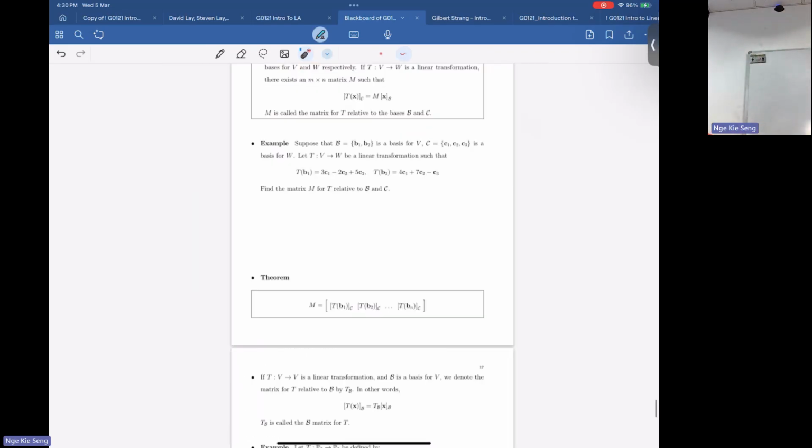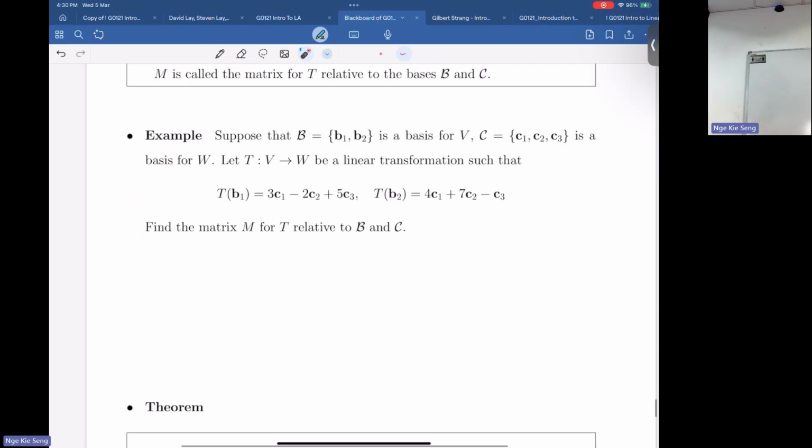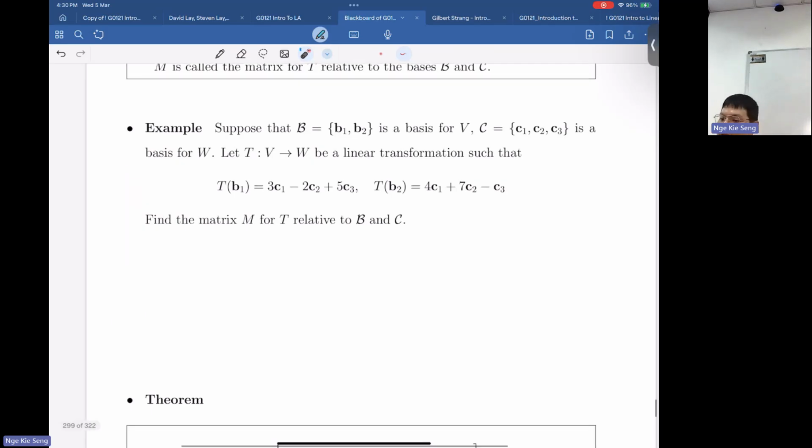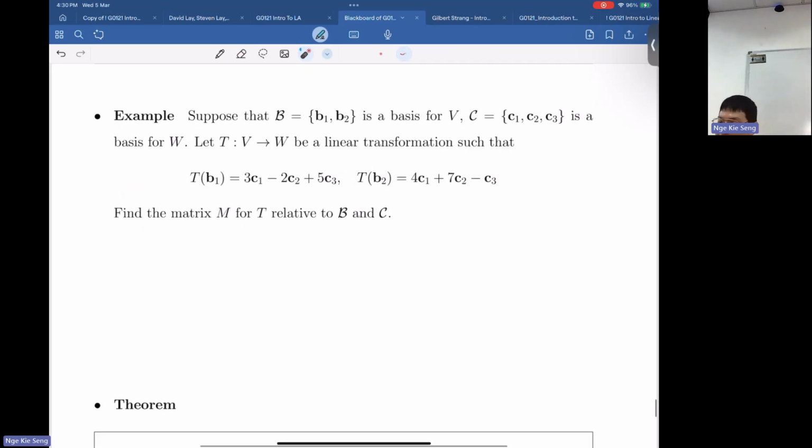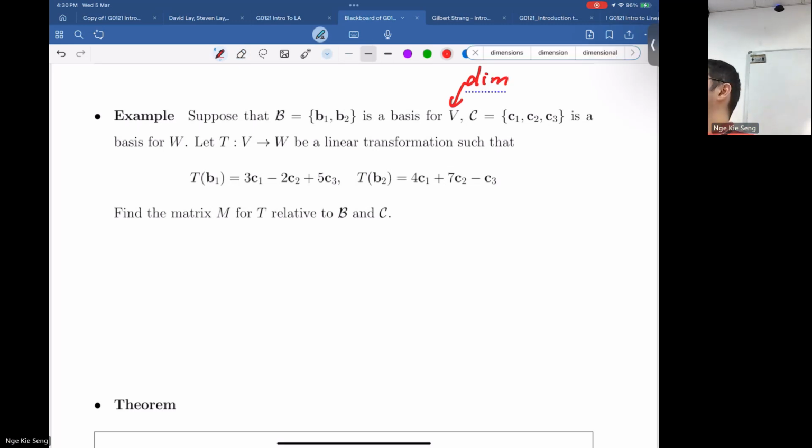So let's try and figure out what this question is asking. Suppose B is a basis for V, and C is a basis for W. In this case, what's the dimension of V? 2. W's dimension is 3, good.